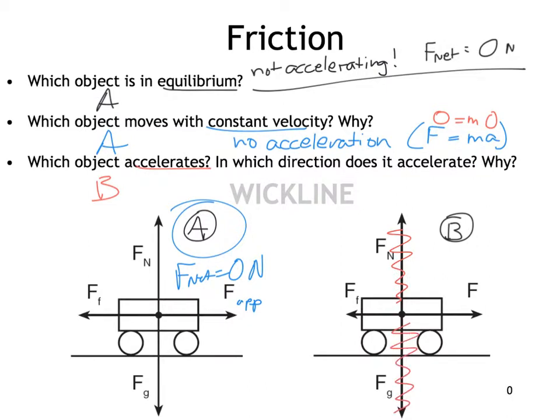But the difference in size of vectors of Ff, the frictional force, and Fap, those are clearly different sizes. So I can tell you for sure that it's going to accelerate in the direction of Fap. So I would just say, in which direction does it accelerate? I would say same as Fnet, which is in this diagram to the right. And that also answers why, because it's going to be the same as Fnet.